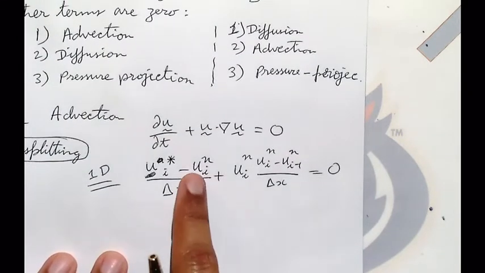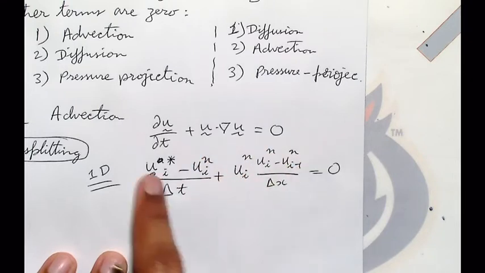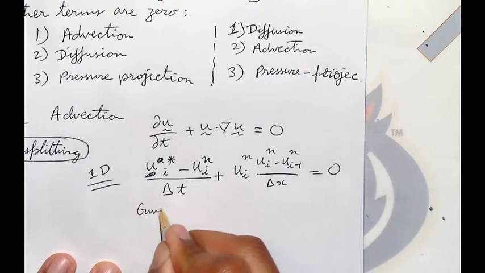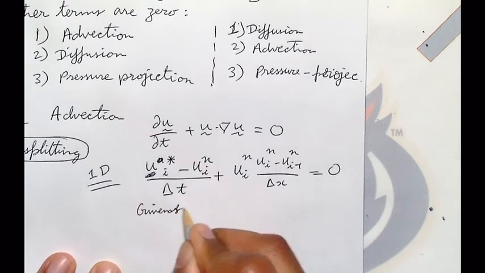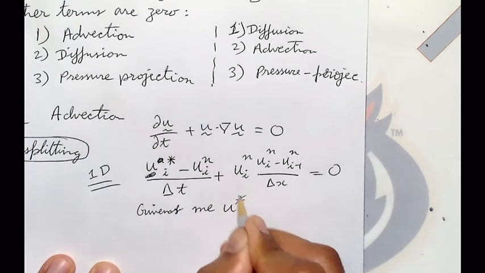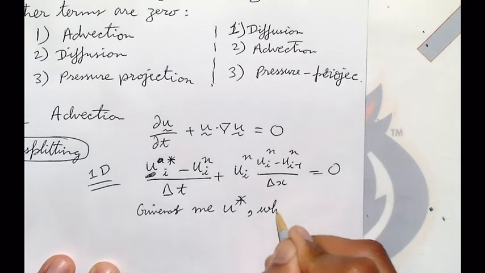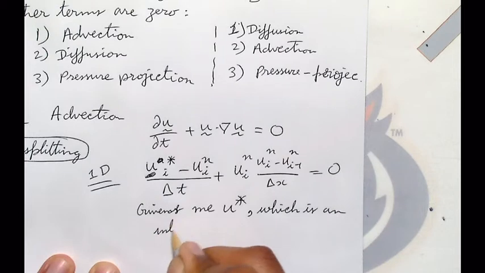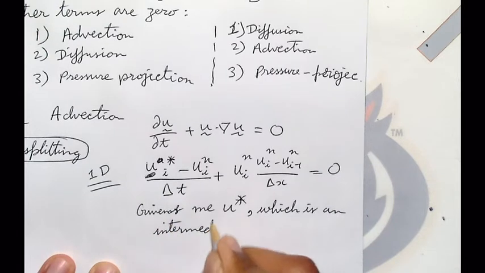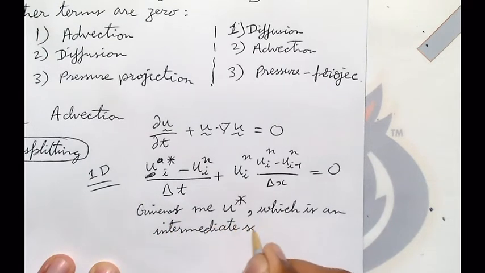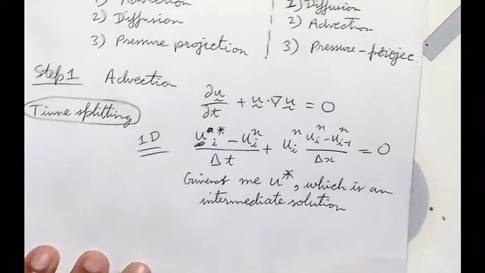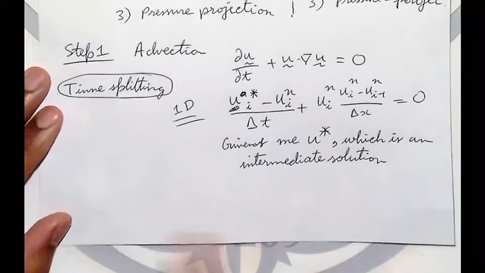I know all of this at n. I can get my u star, which is an intermediate solution. Fine. I take this intermediate solution and I go to my step 2.